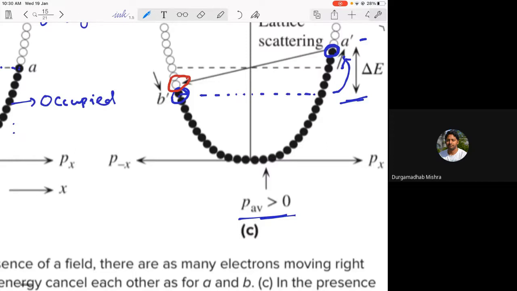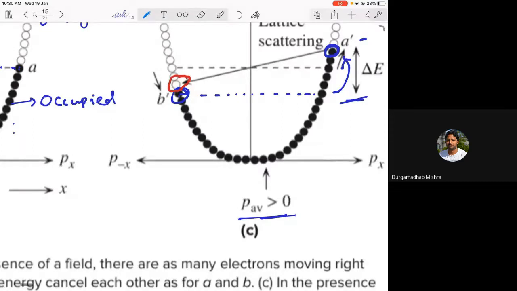Therefore, all the electrons occupied below B prime on the negative side have electrons with positive momentum, and the total momentum due to those electrons is actually zero. That means they do not really contribute to the conductivity.